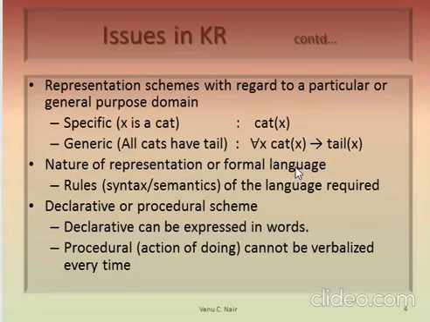Then we have seen declarative and procedural schemes, where declarative can be expressed in words. So there is no problem in storing those facts. But when we consider the procedural, which is action oriented and cannot be verbalized every time, then such information or facts cannot be stored in the system because it cannot be transferred from one person to another person.